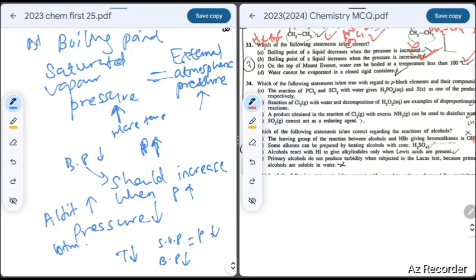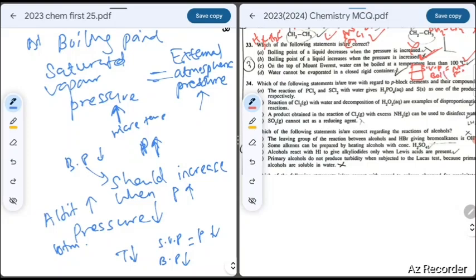Therefore we can boil water at a temperature less than 100. Then, water cannot be evaporated in a closed rigid container. No. We can reach the boiling point in a closed rigid container. Why? Because even though it is closed, if the saturated vapor pressure is equal to the external atmospheric pressure, it will boil.